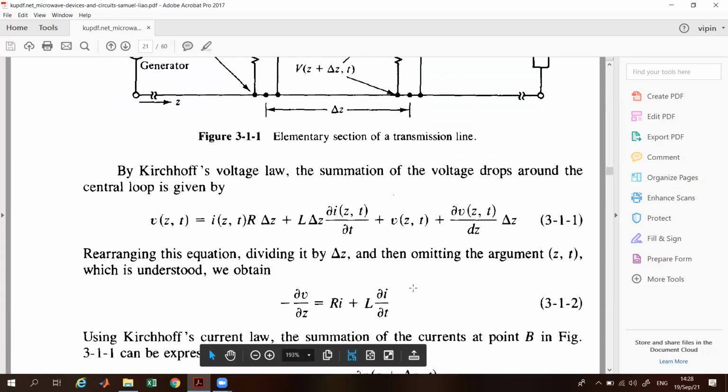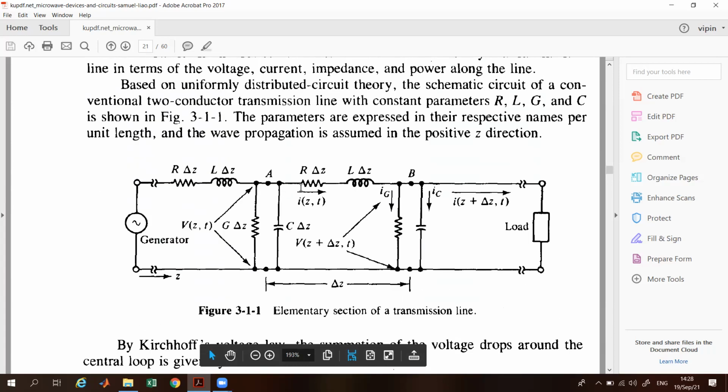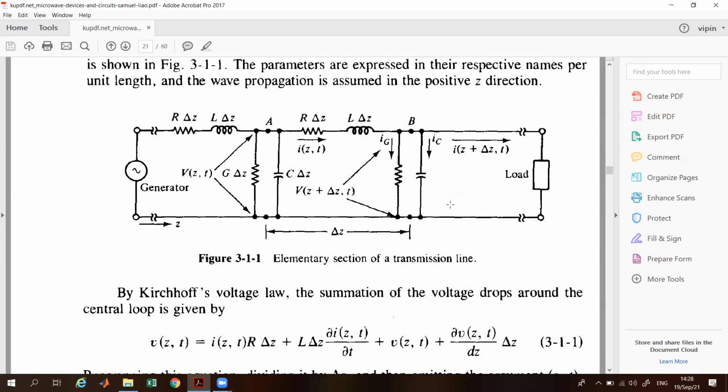Now again applying Kirchhoff's current law at point B. We have a current coming in this direction, and outgoing currents Ig and Ic here.